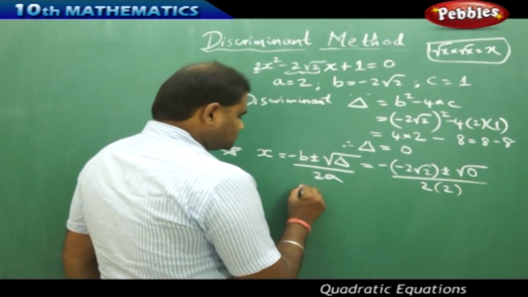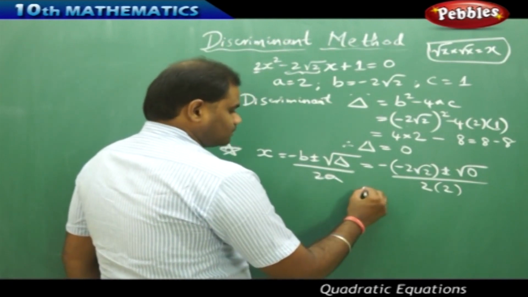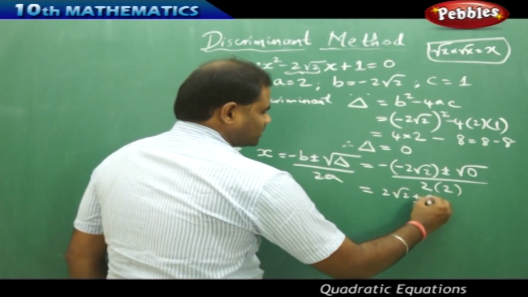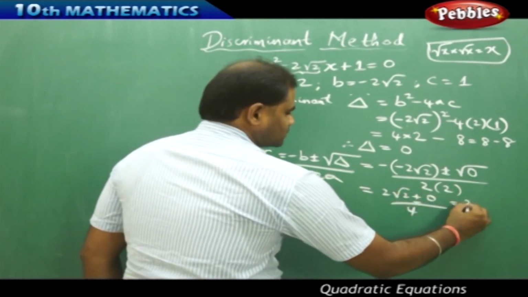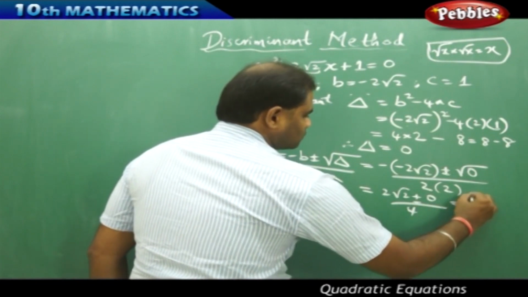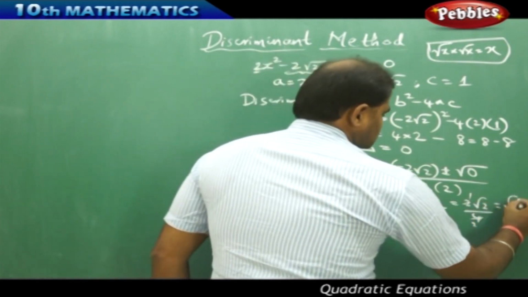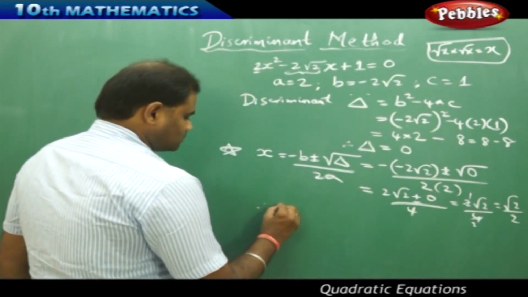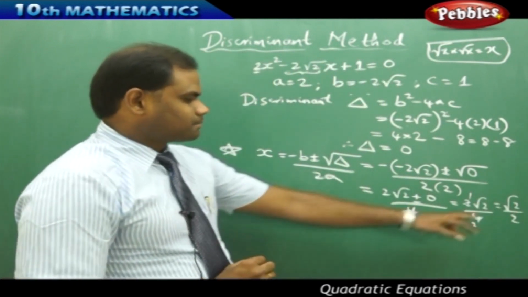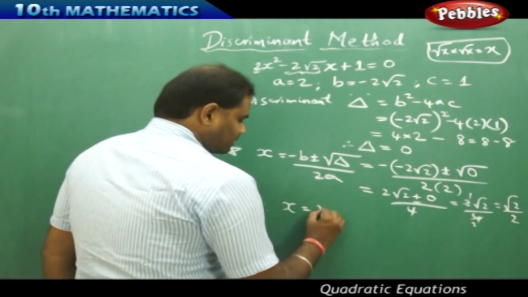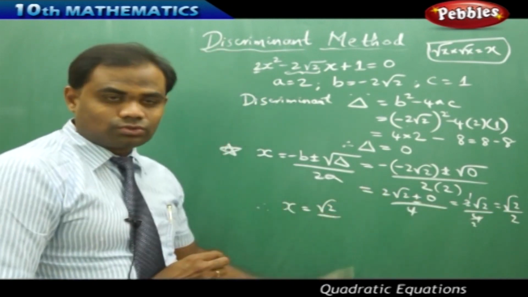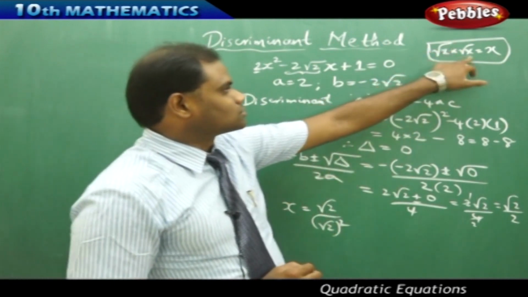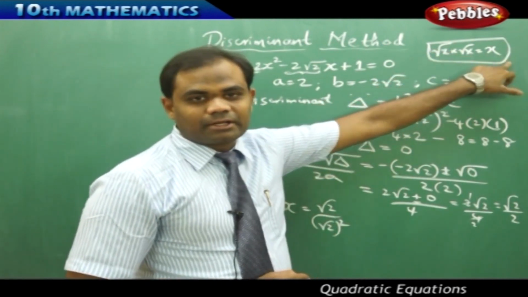This gives me 2 root 2 plus or minus 0 by 4, which is 2 root 2 by 4. So this is root 2 over 2, and therefore the value of x, root 2 over 2, can be written with 2 as root 2 whole square, because root x whole square is x.